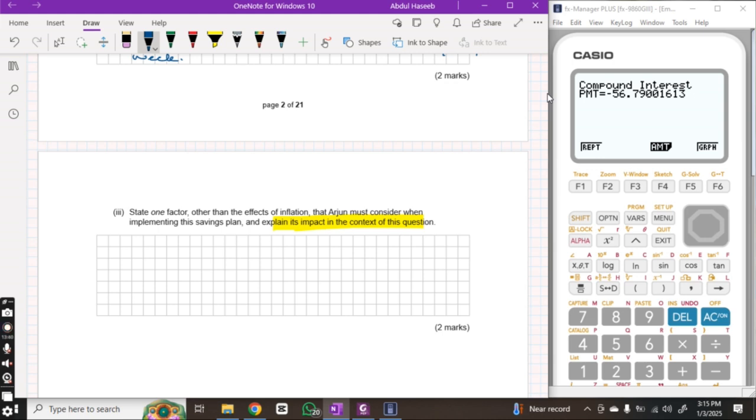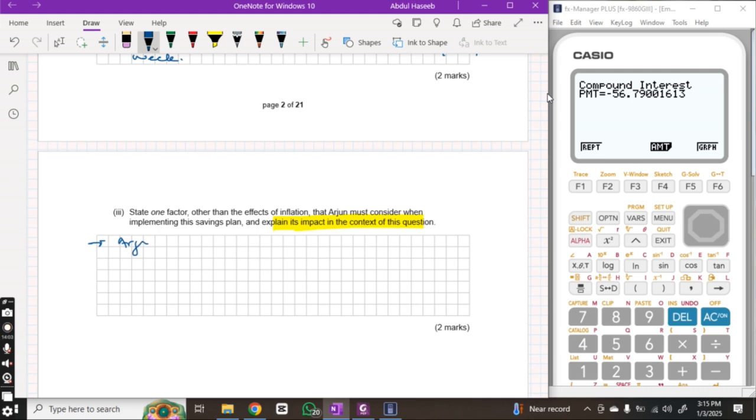So what other factors must he consider? There are a number of factors. One factor that he hasn't considered is the effect of taxation. Also, he hasn't considered any concern regarding the rate of interest that might change over the period of 3 years. So we might go with the first one.